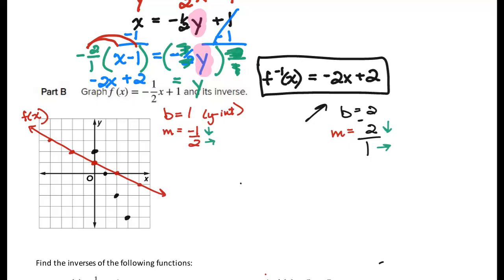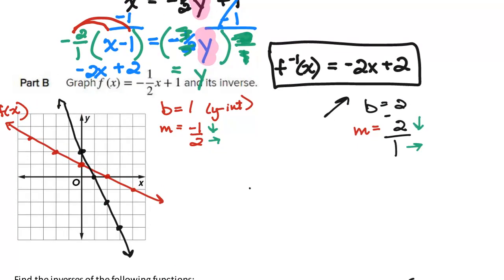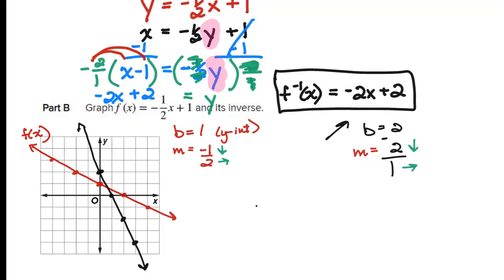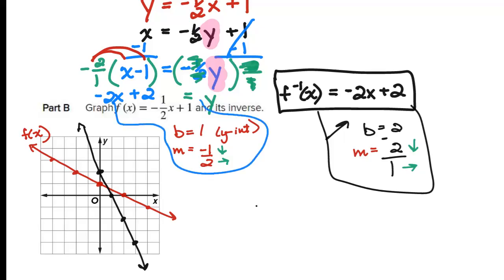And let's create that line. Because it's negative 2. It looks a little high, but it's negative 2 over 1. Right here? Yes, this is all together. And this goes with this. Okay?